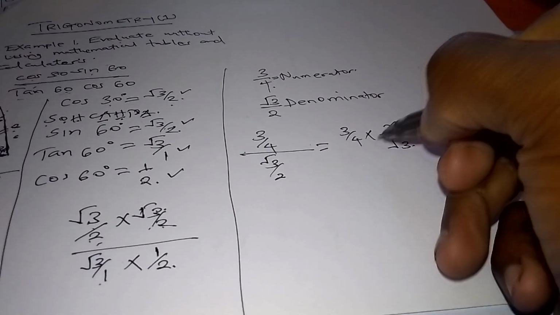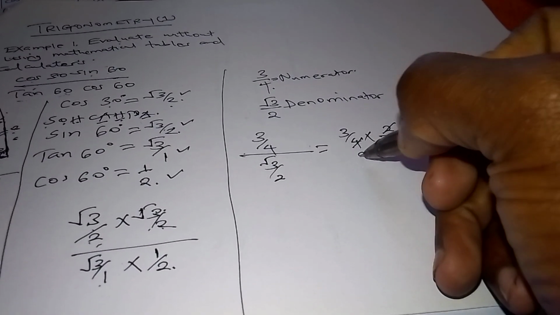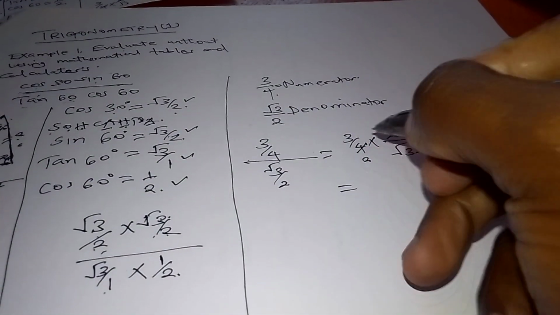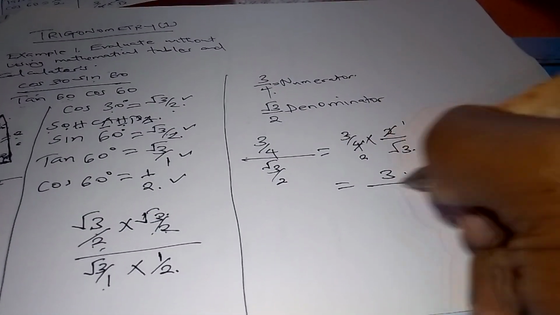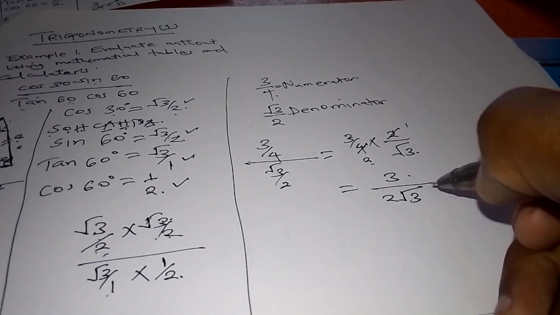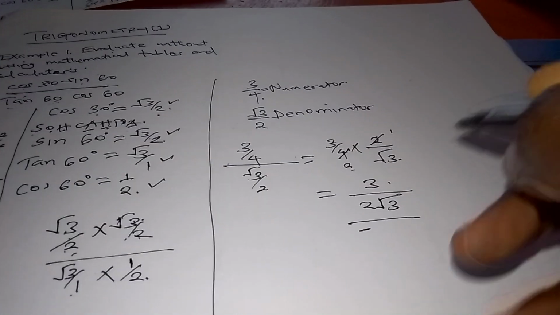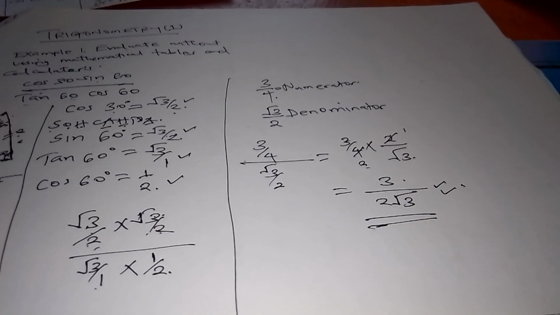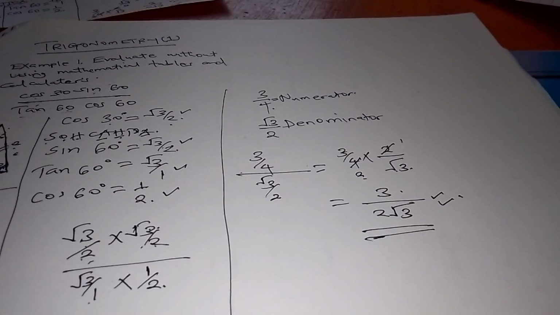Then this cancels, and this goes there twice. So what do you have? You have 3 times 1 is 3 for the numerator, all over 2 times root 3, which is 2 root 3. And this is our answer. So this is how we solve them.